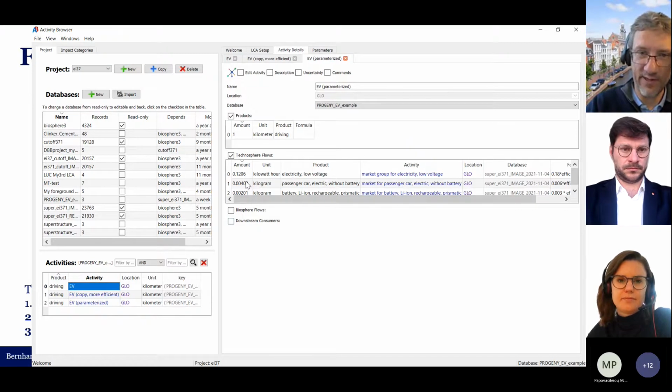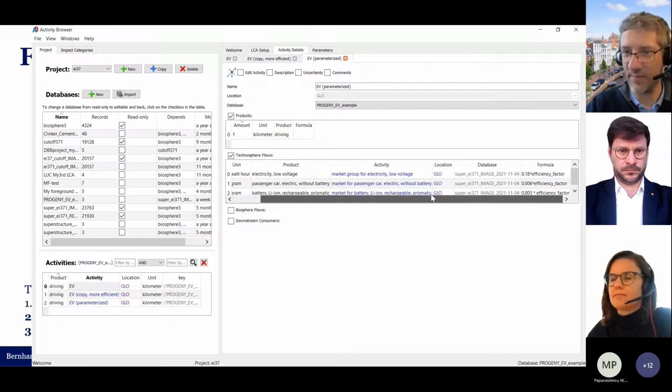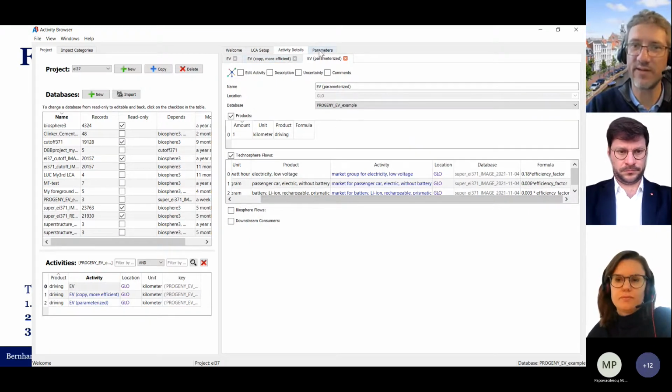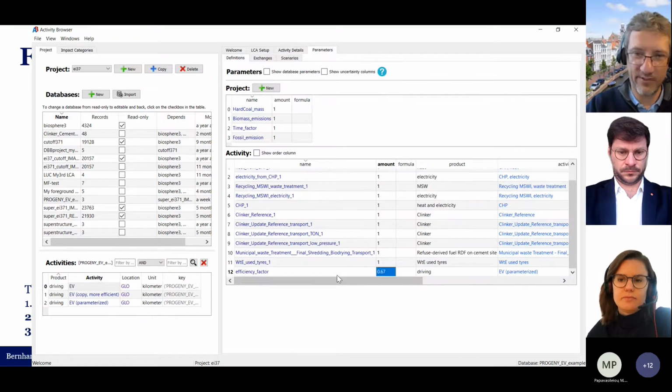So now you see we have different values here. That is resulting from multiplying the original values by an efficiency factor. And this efficiency factor is set to 0.67. So that's roughly the 1/3 reduction.